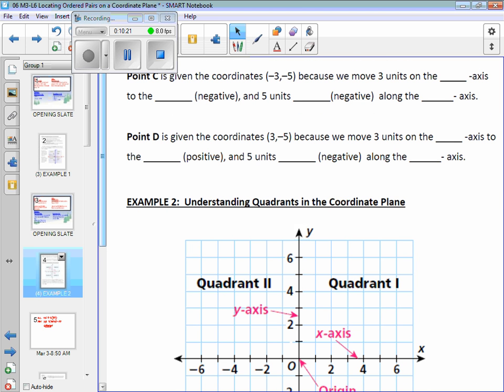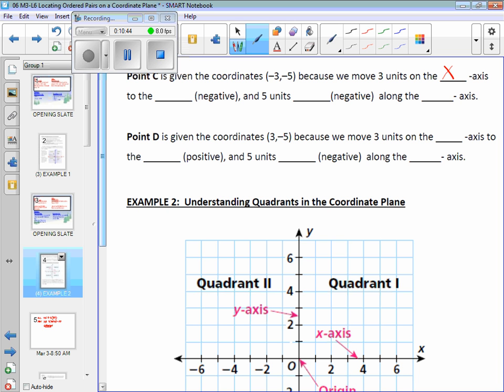Based on that, point C refers to point C from the previous page. So let's start here. You move 3 units on which axis first? Correct. And do you move negative or positive, left or right for negative?